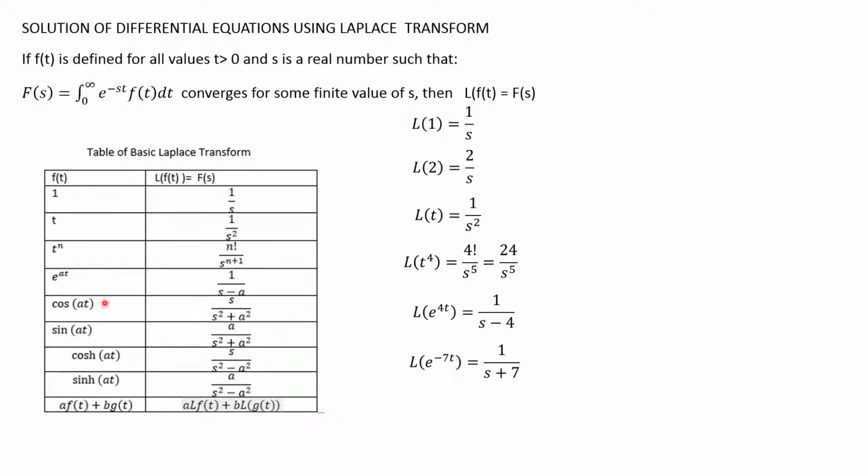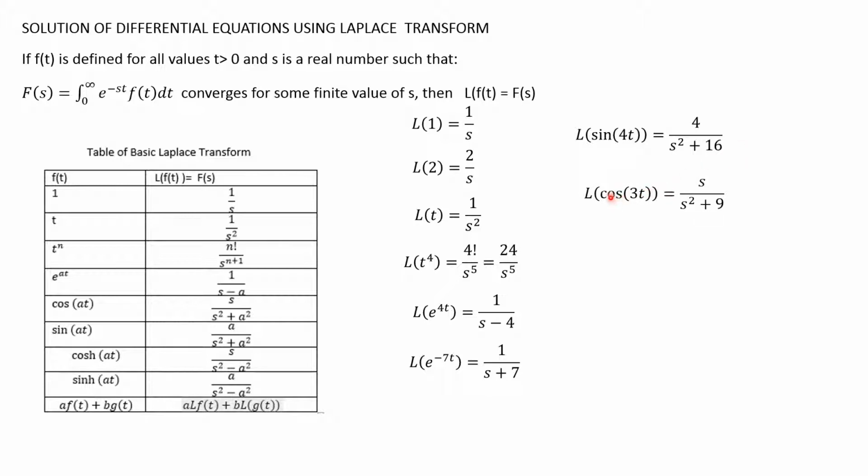The Laplace transform of e to the minus 7t. Look at this. This is s minus 7, or s plus 7. It's the Laplace of e to the minus 7t. The Laplace transform of sine 4t. Look at this formula here. That is a over s squared plus a squared, so that's 4 over s squared plus 16.